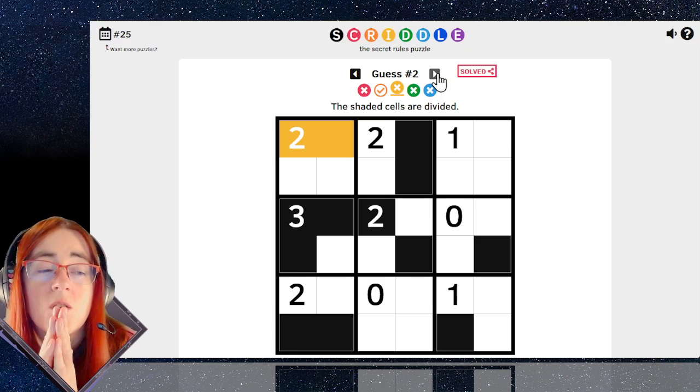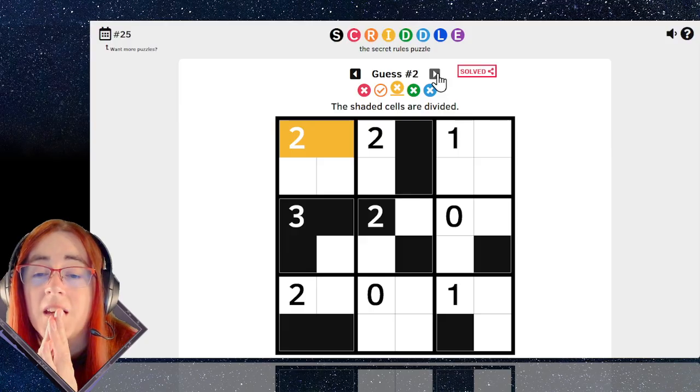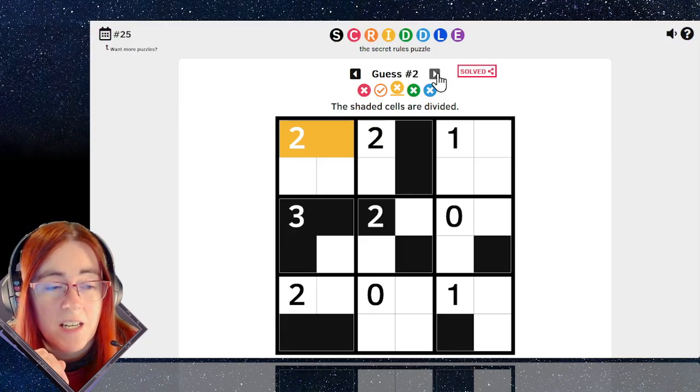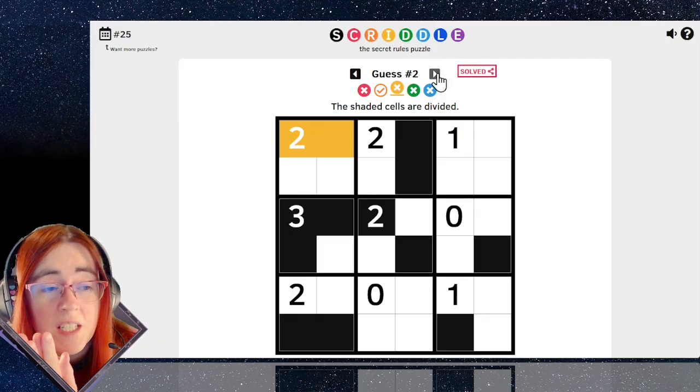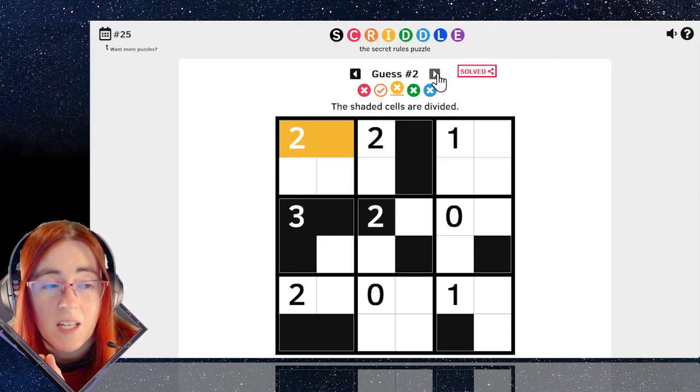I thought about how would you present this? What is the least confusing way to present this feedback, that the shaded cells are divided? I think there's two ways that we've seen attempted in Scriddles.